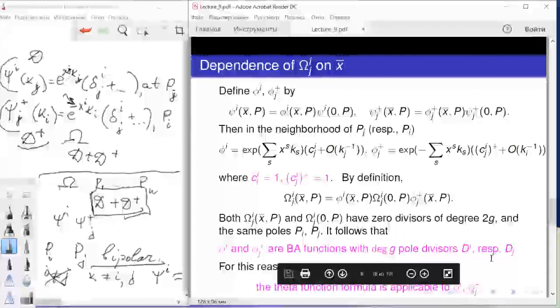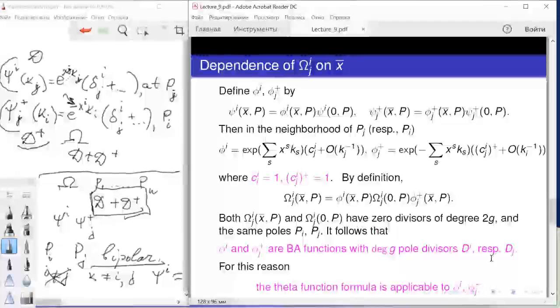And for this reason, the theta function formula is applicable to phi upper i, phi cross lower j, in opposite to Baker-Akhiezer functions psi j and psi cross j, to which it is not directly applicable.